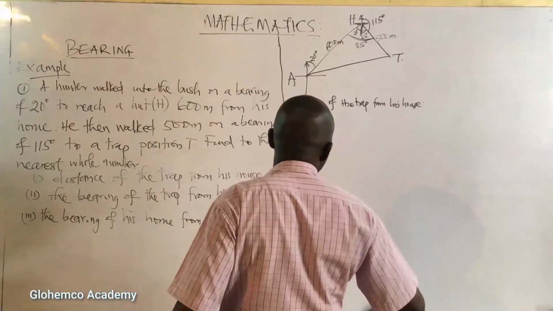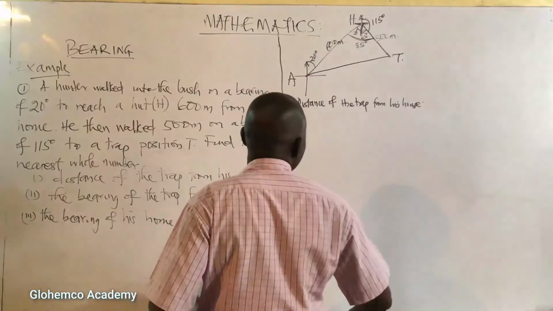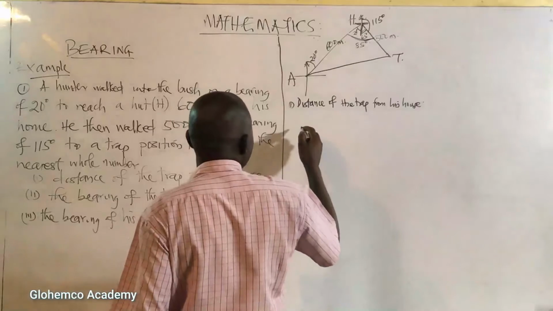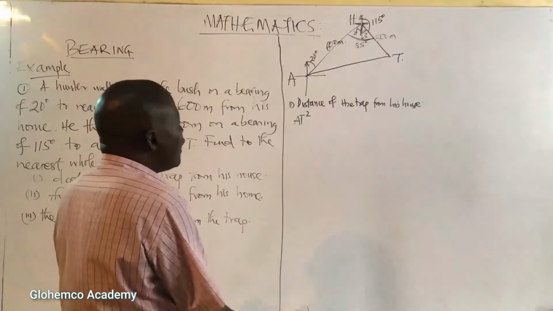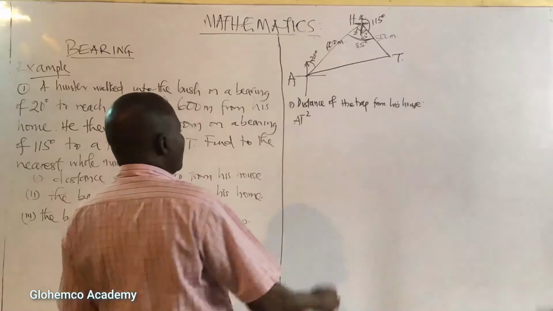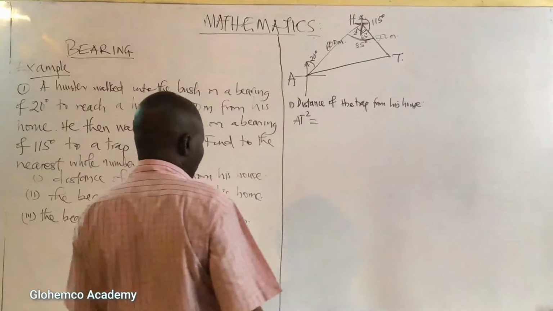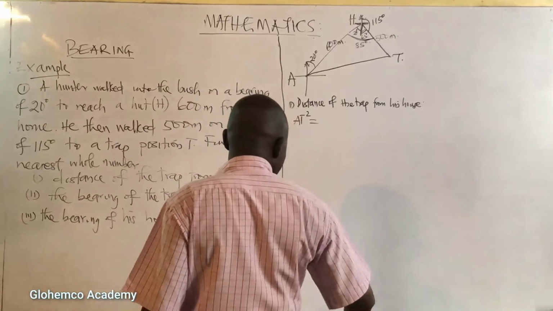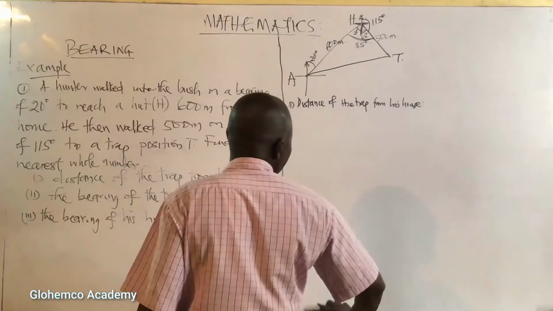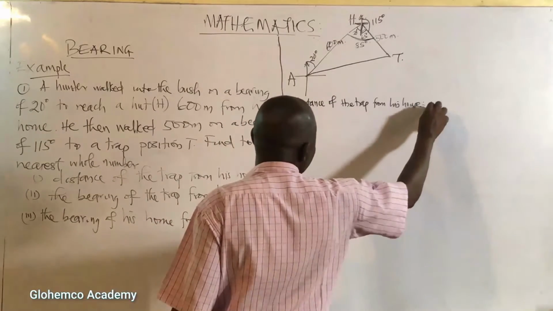Distance of the house from the trap is AT. Okay, we want to find the AT. The distance we are referring to here is AT.